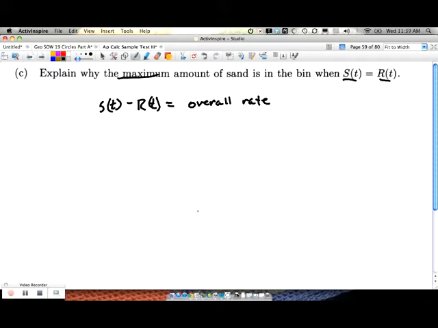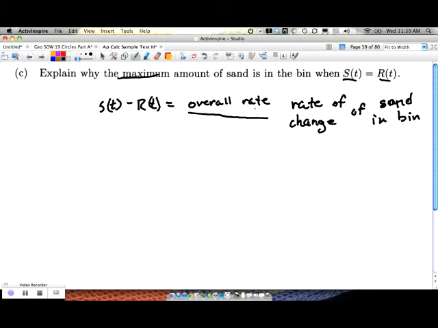And we're back again. Too many interruptions. So s of t minus r of t equals the overall rate. It's the rate of change of sand in the bin, because it's the net rate. That's how you find that rate.